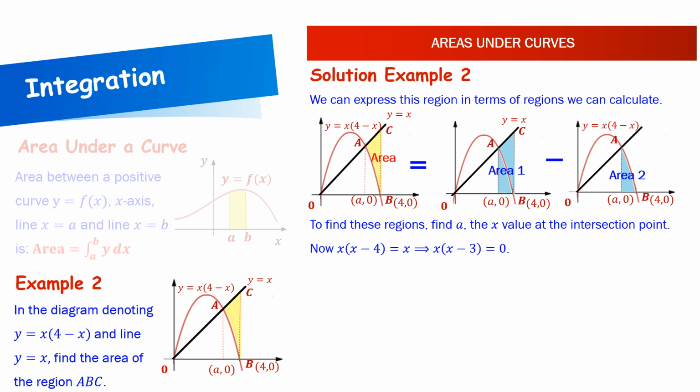And solving for x and factorising gives us the intersection point a equals 3. It can't be a equals 0 because that's the first intersection point and we're looking for the second intersection point.